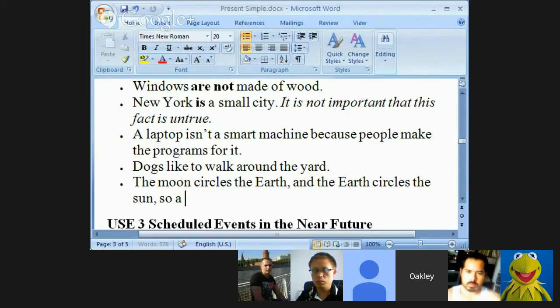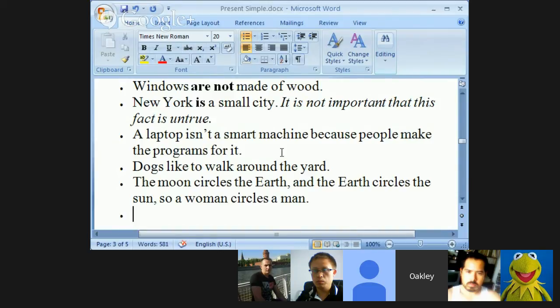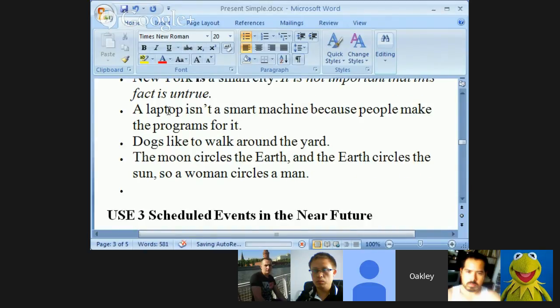You really want to get yourself in trouble here, huh? A woman circles a man. Okay. Now there you go. I think I'm going to help you out here and say, all right, this is from his perspective. It doesn't have to be true, you don't have to agree with it.